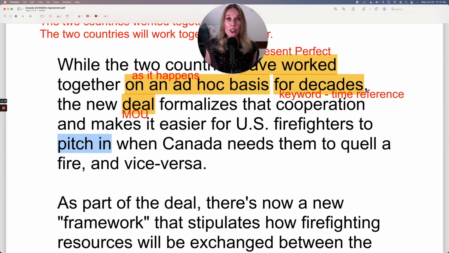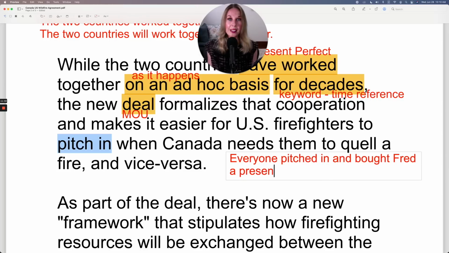U.S. firefighters to pitch in. When you pitch in, it means you contribute. You can contribute your time, your resources. You could also contribute your money. For example, everyone pitched in and bought Fred a present for his retirement.